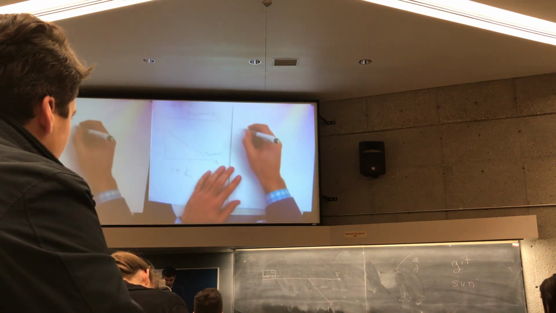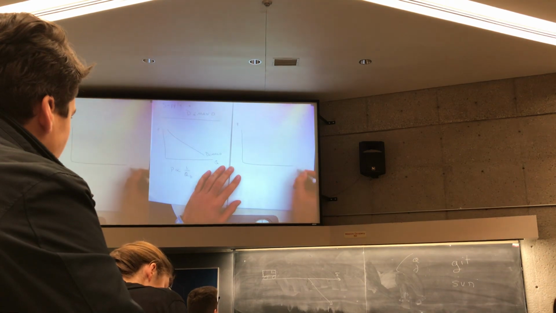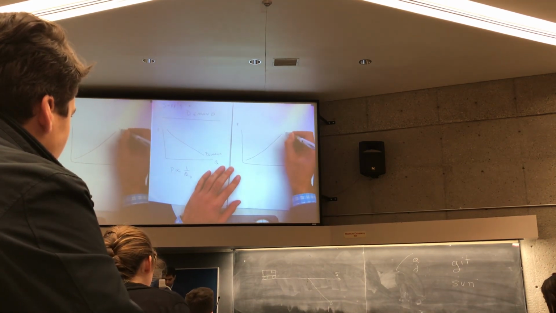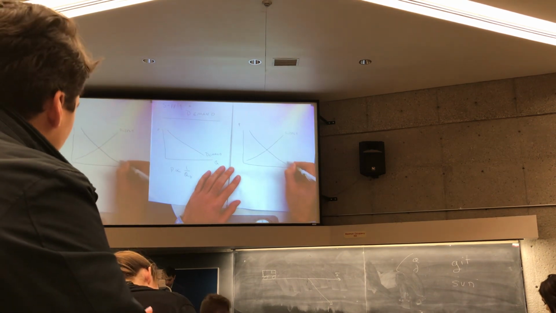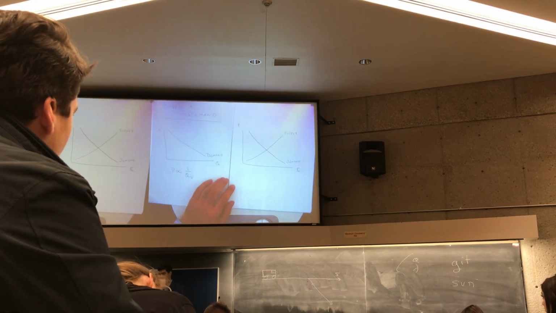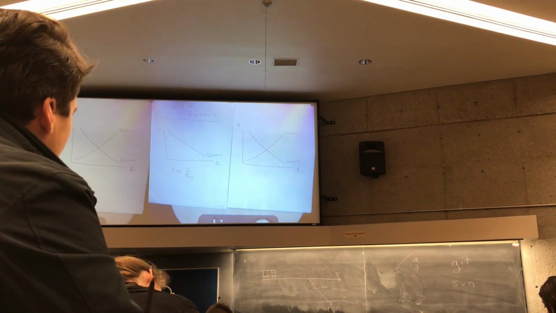Specifically, we've got price, quantity, sloping up is supply, sloping down is demand. This is the famous supply and demand graph of economics.